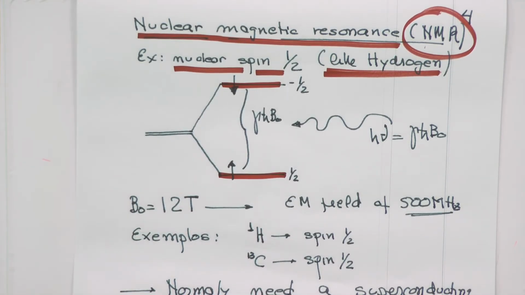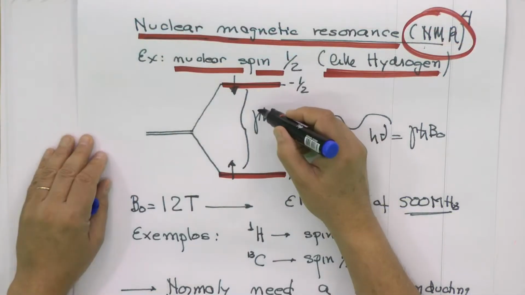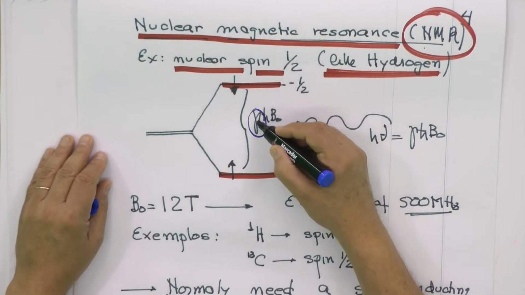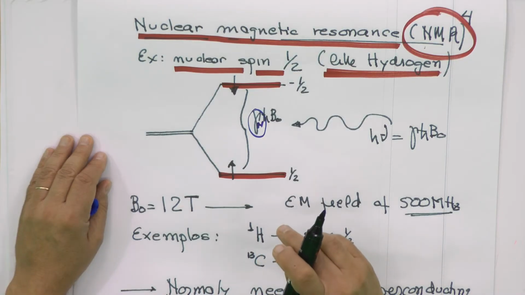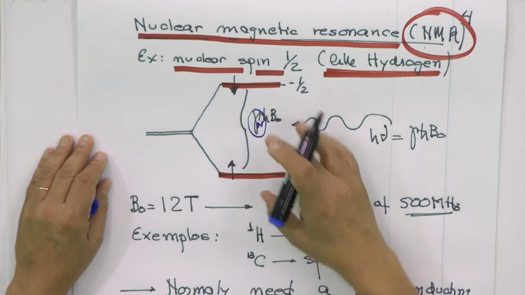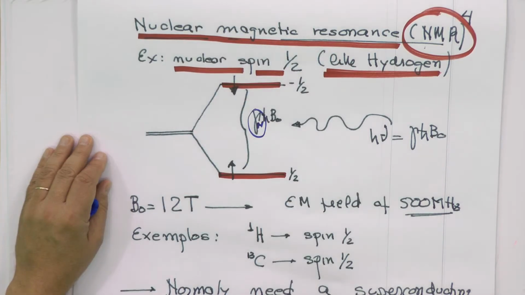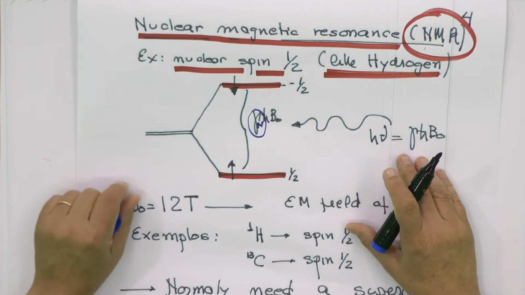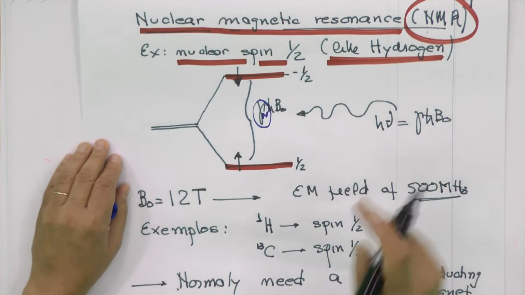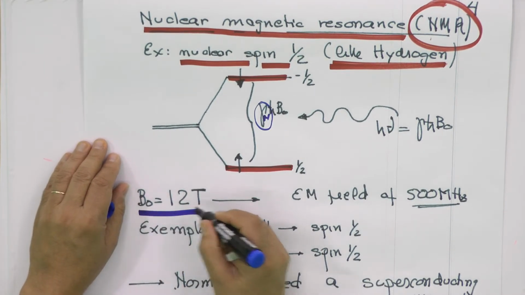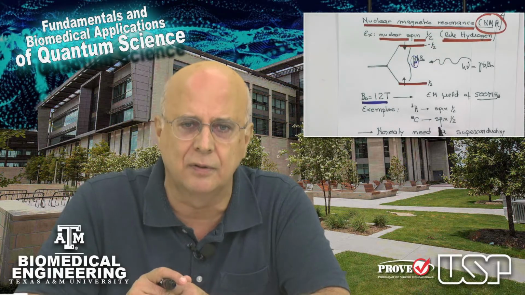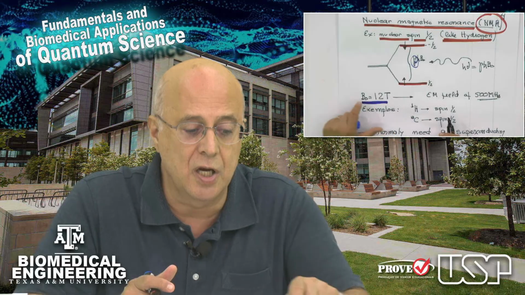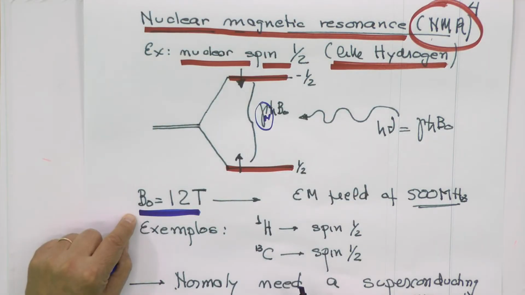And then we're going to interact with radiation at some frequency. We're going to apply a field. Remember that now this constant here for the nucleus is very small because the mass of the nucleus is in the denominator, so it's about 2,000 times smaller than for the electron. And then I'm going to apply a bias field, 12 Tesla. Remember, there I was applying 0.3 Tesla to make an example for you. Here I am applying 12 Tesla.